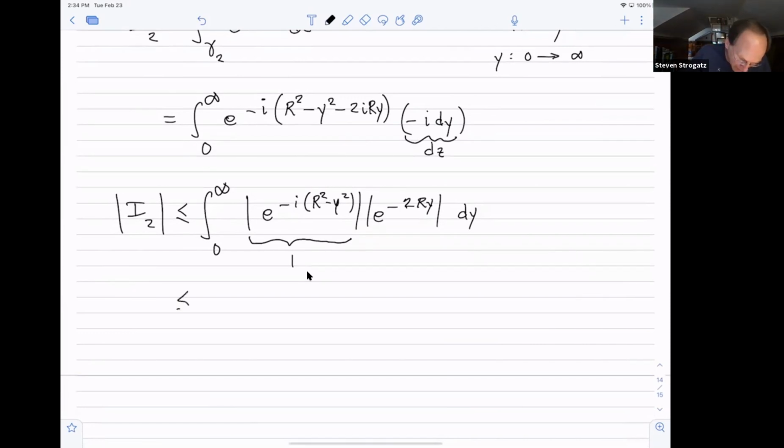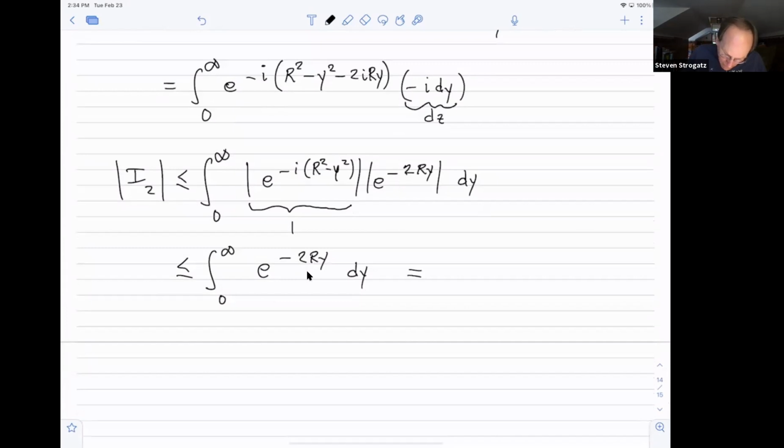So it's really nice. I just get that this is less than or equal to the integral from 0 to infinity of e to the minus 2ry dy. And that's an integral I can do. This gives me e to the minus 2ry over negative 2r, from 0 to infinity, which is 1 over 2r.